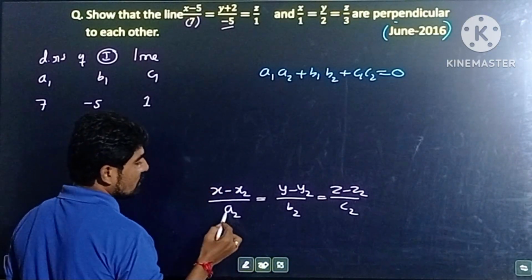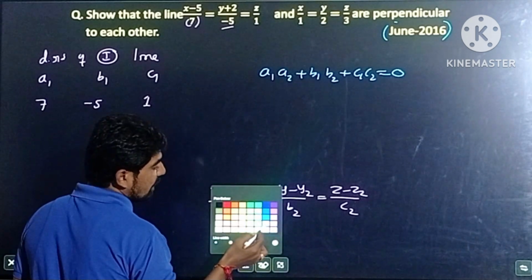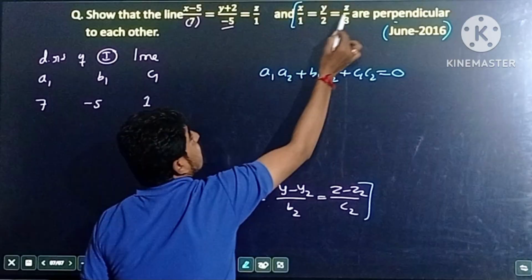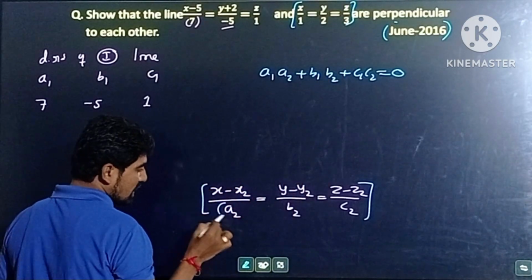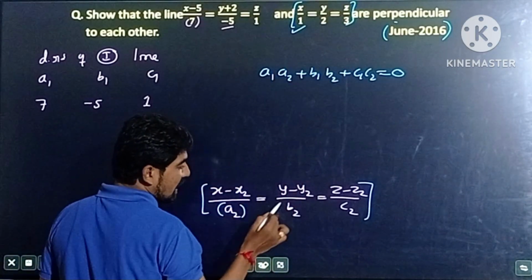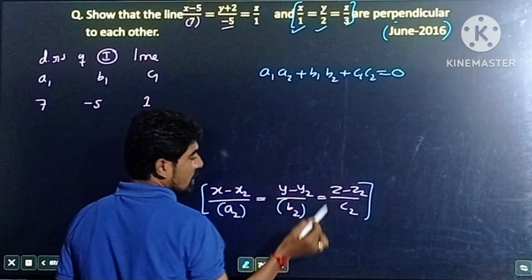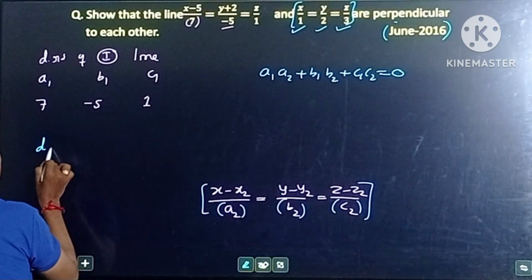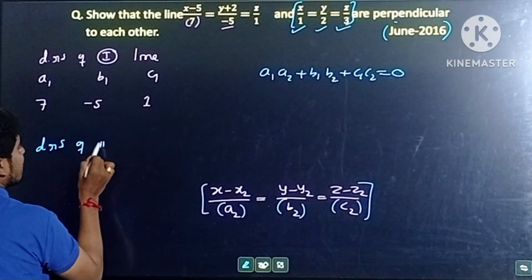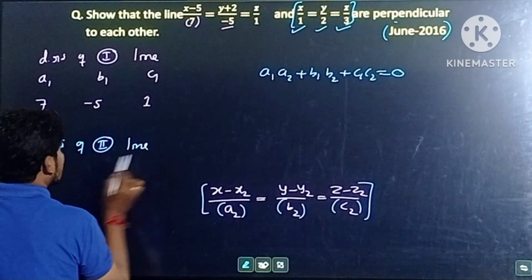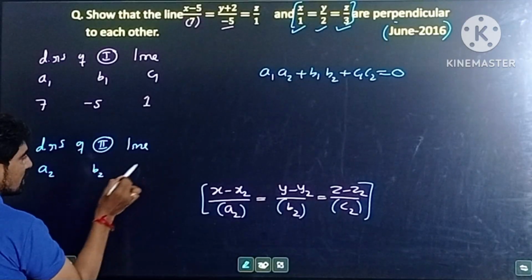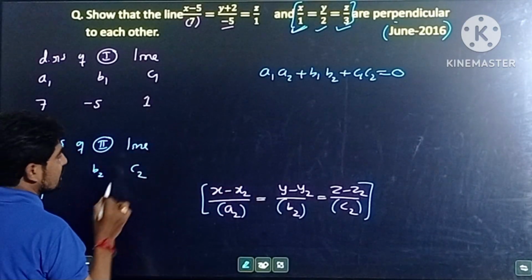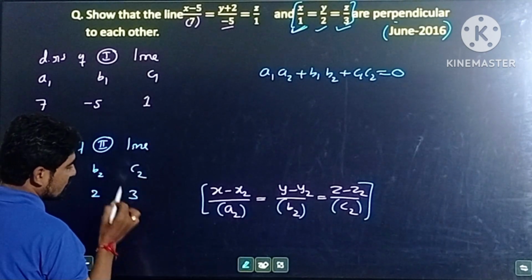Compare this equation with the second given equation of line. So in place of A2 we have 1 and in place of B2 we have 2 and in place of C2 we have 3. Therefore, direction ratios of second line, let's say A2, B2, C2, where A2 is equal to 1 and B2 is equal to 2 and C2 is equal to 3.